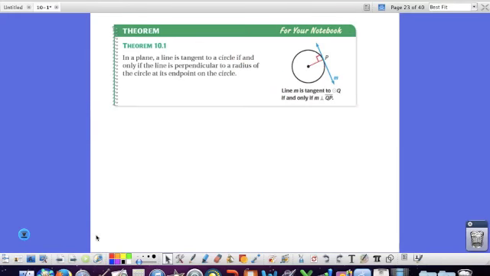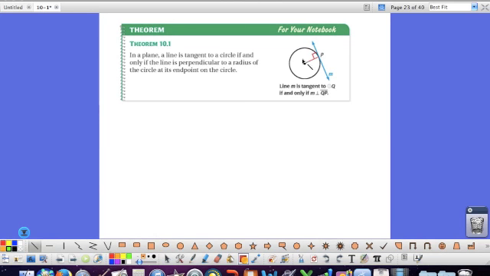So now we're going to get into a theorem. In a plane, a line is tangent to a circle if and only if the line is perpendicular to the radius. So no matter where I draw a tangent here, so for instance, get my straight line tool, let me draw a tangent there.